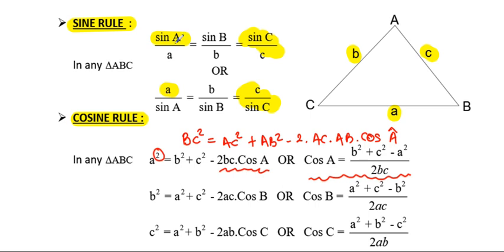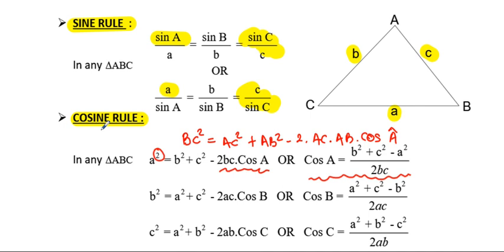What I omitted to tell you is when do I use the sine rule and when do I use the cosine rule. You would use the sine rule if you have 2 sides and a non-included angle. Let me just repeat that: 2 sides and a non-included angle. This is included. Or if you are given 2 angles and any one of the sides.